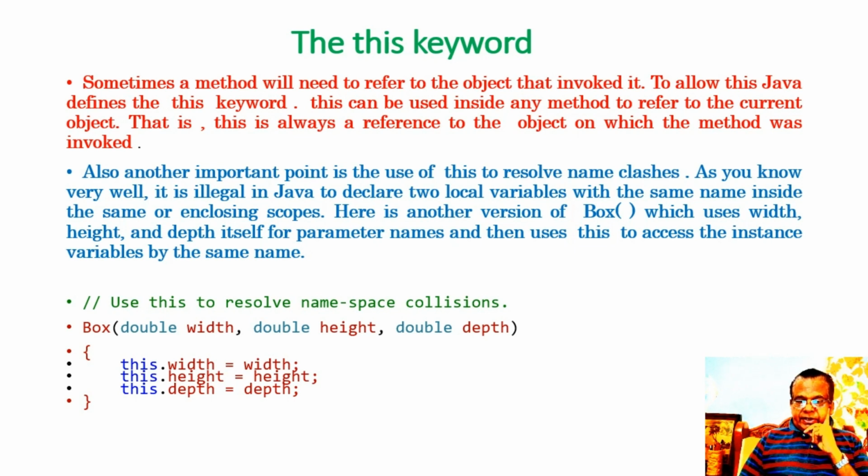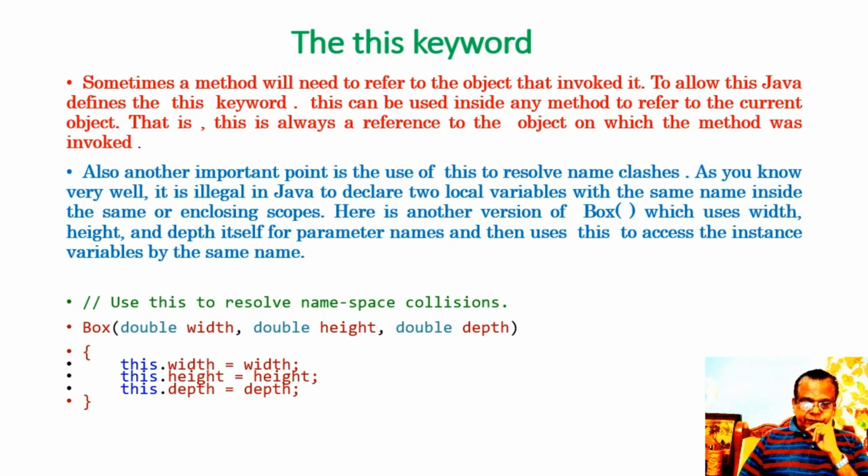Here is another version of the box class which uses width, height and depth itself for parameter names and then uses this to access the instance variables by the same name.